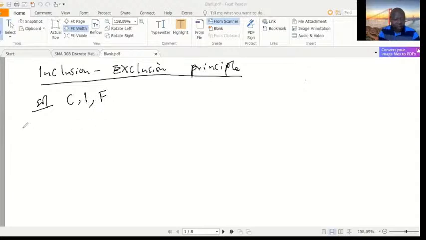So the question is, how many people took all these 3 loans? So the number of people who took car loans, union investment loans, union school fees loans. So I'm answering question A.